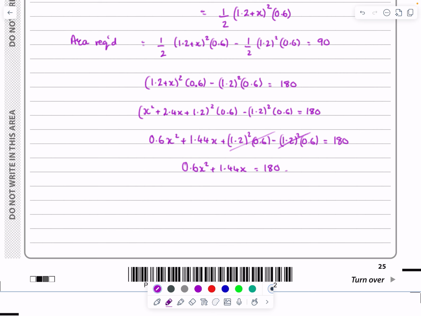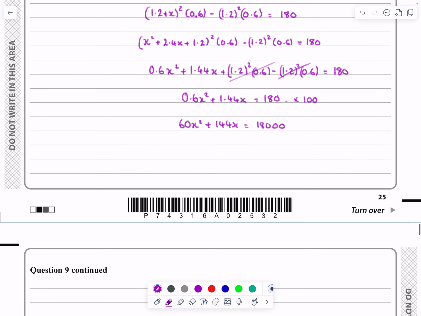So if I just multiplied it by 100, I just want to get rid of the 1.44. So that would be 60x squared plus 144x is equal to 180. And then divide everything by 12. I'm only doing that because I can see that the answer I'm looking for has got 5x squared in it.